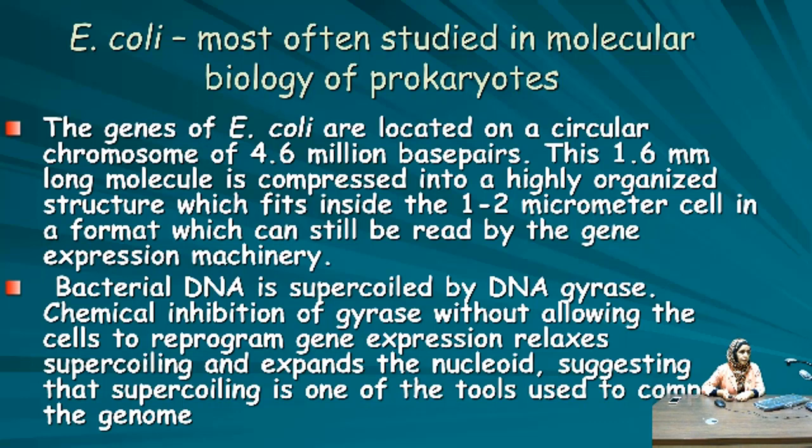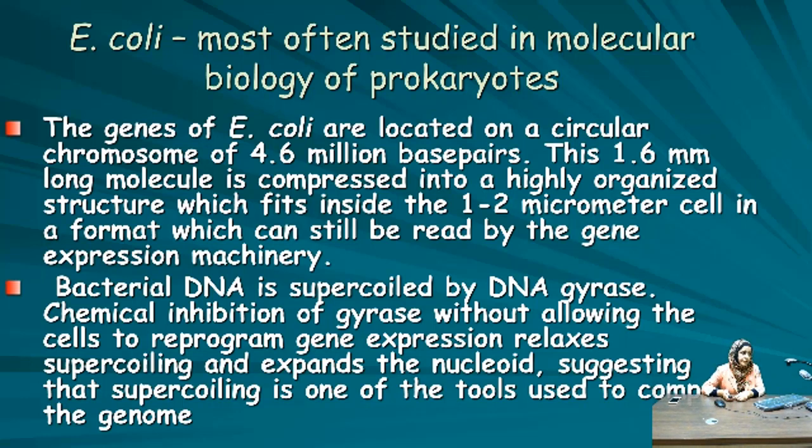This about 1.6 millimeter long molecule is compressed into a highly organized structure which fits inside the 1 to 2 micrometer cell in a form which can still be accessed by the gene expression machinery.